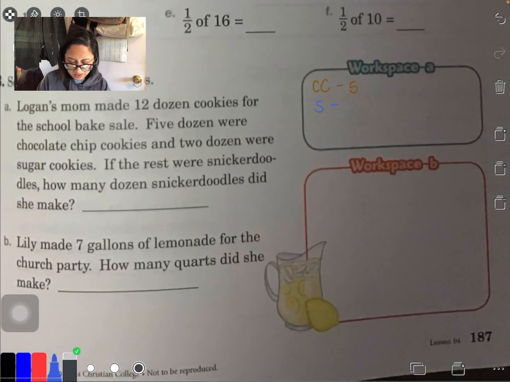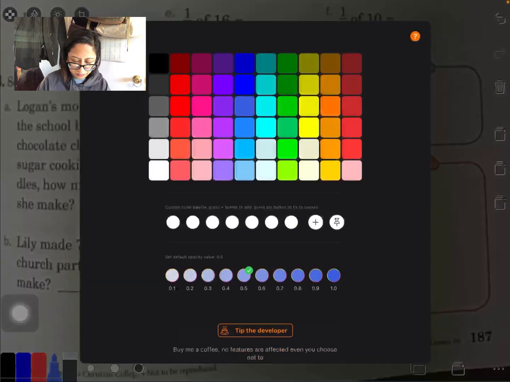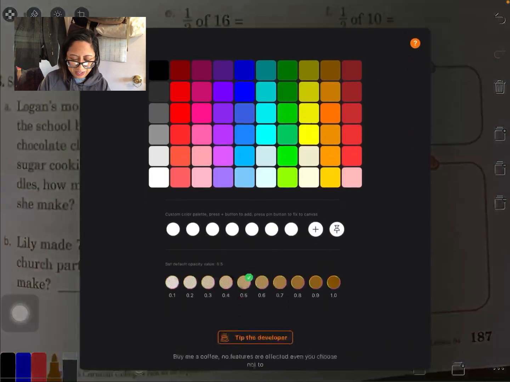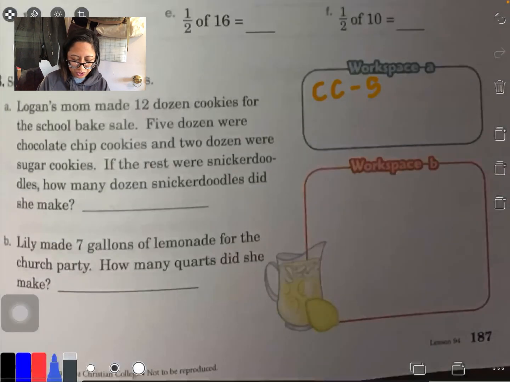Sugar cookies. I'm gonna make it thicker. Just realize how unnecessarily unthick that was. Okay, so let's start over again. Chocolate chip. Ooh, that's too thick. Not chocolate chip. There you go. 5 dozen. Now for the sugar cookies. Sugar cookies. 2 dozen. So we got here 5 dozen, 2 dozen.